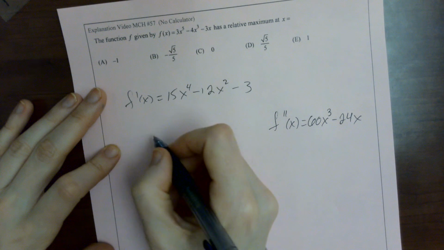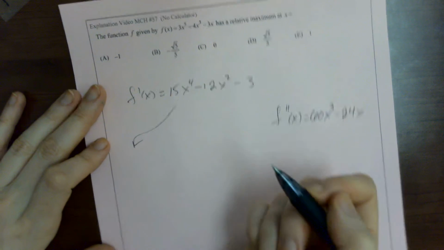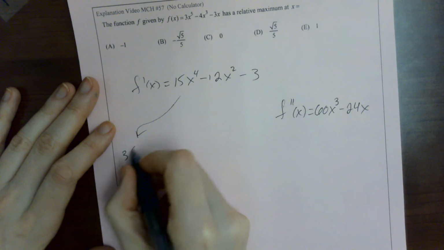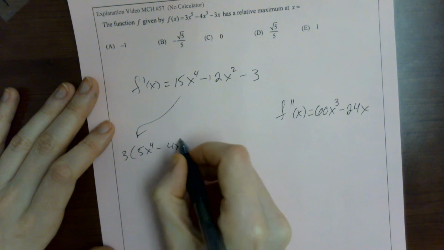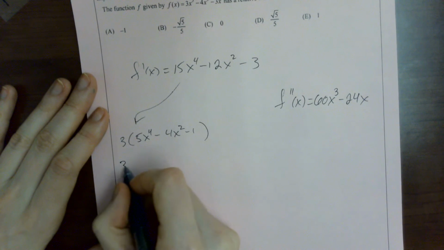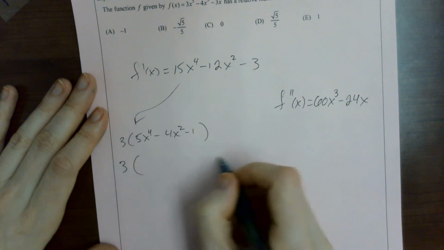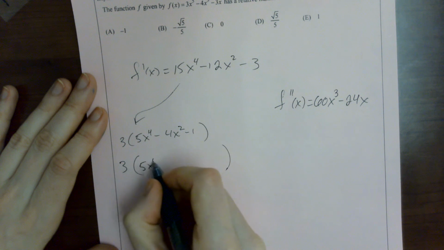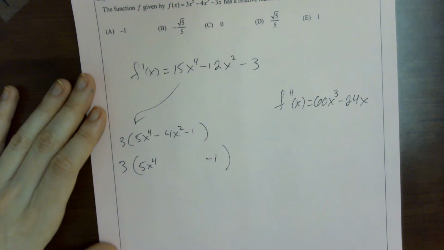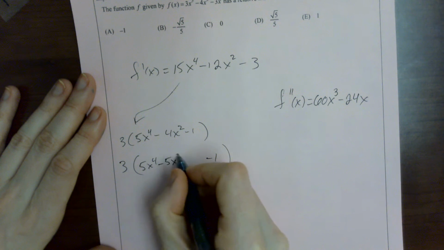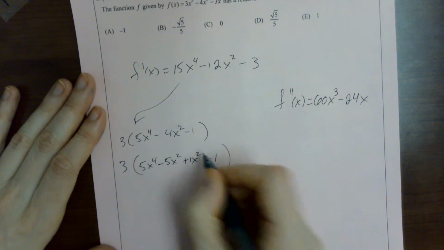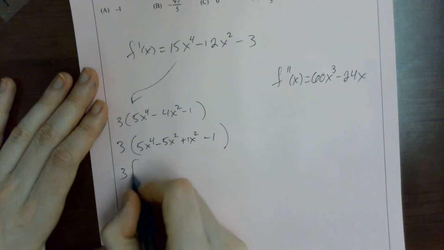Okay, so I've got to factor. I'm taking out a 3: 5x to the 4th minus 4x squared minus 1. Then two numbers that multiply to make -5 and add to make -4: negative 5x squared plus 1x squared.